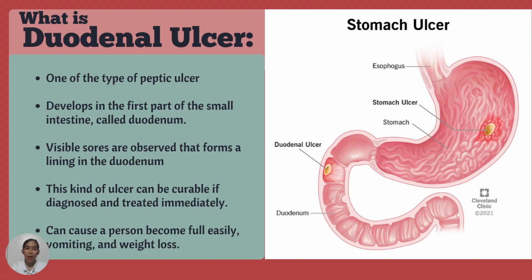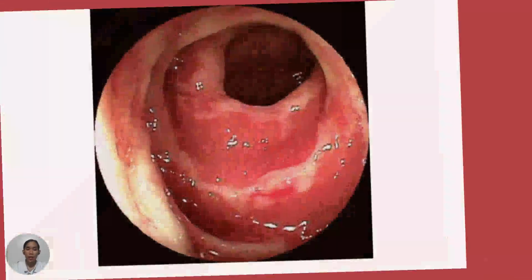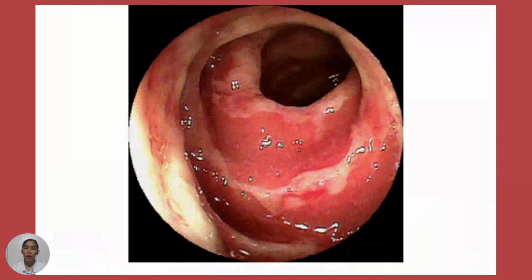It can cause a person to become full easily, vomiting, and weight loss. So this is what duodenal ulcer looks like inside our small intestine. As you observe, there is a visible white lining, and this is the sore that forms on the duodenum.